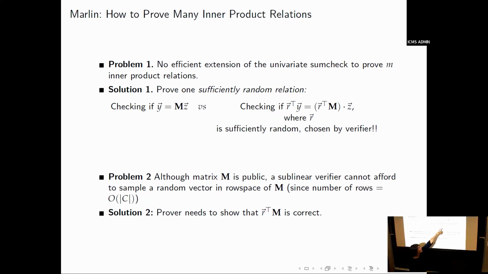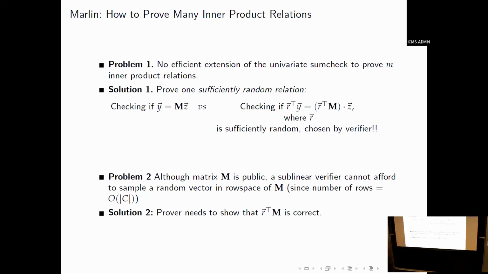Remember that the number of rows of the matrices we're talking about is related to the number of gates. So the verifier cannot check on its own that RT times M is correctly formed. So the prover needs to show that this is correct itself. This introduces an overhead in the protocol.